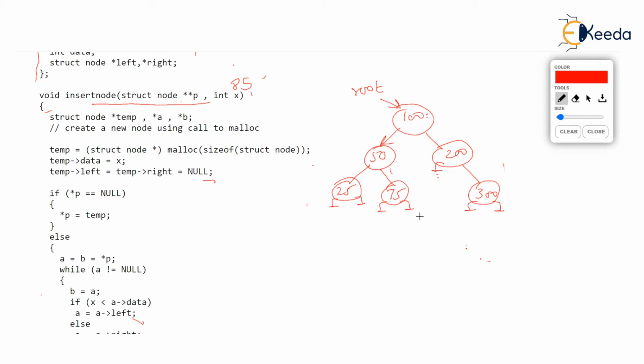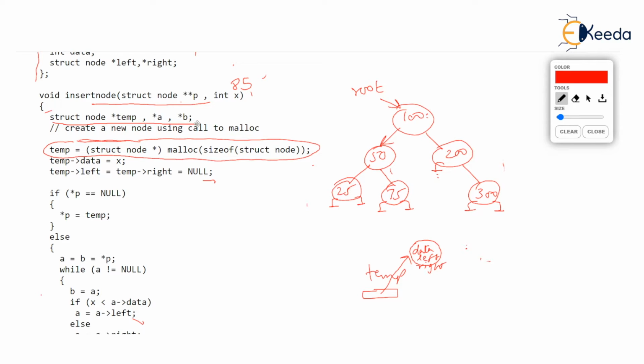Let's see. First things first, the function declares three pointers, temp, a and b. So let's make three pointers, temp, a and b. Assume they are there, okay? Three pointers are declared. Then this line allocates new memory for a node, and temp points to that new node.